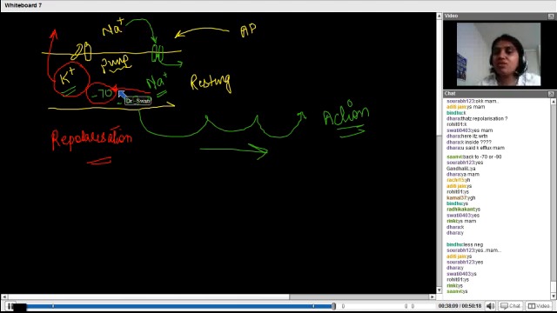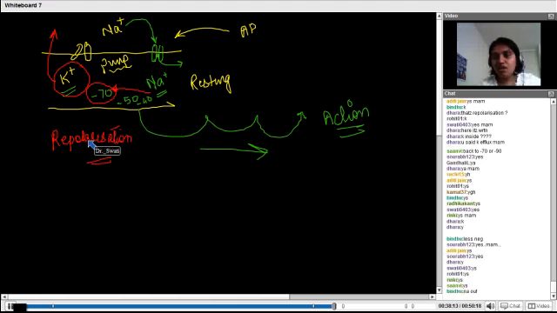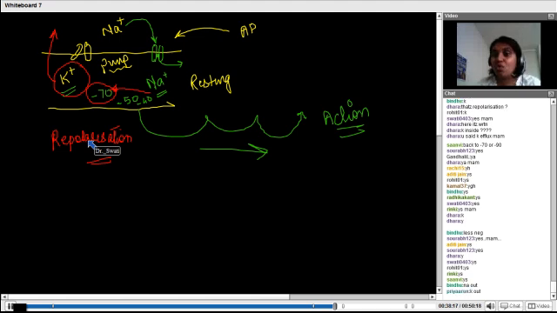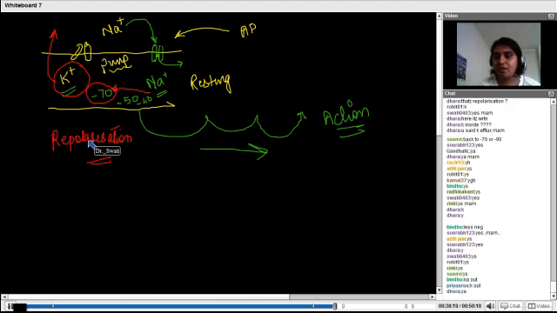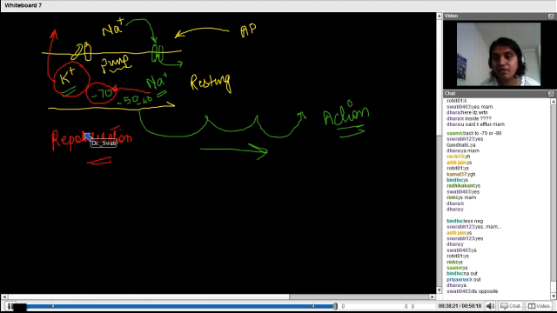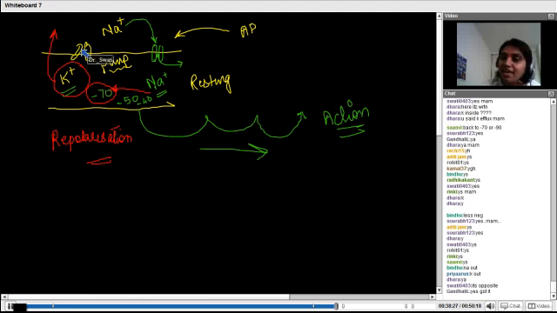But now, remember how our resting membrane was? Our sodium was outside and potassium was inside. But after repolarization, the whole scene has become opposite, isn't it? So we have to restore that. How will we restore it? The sodium-potassium pump will start working again.